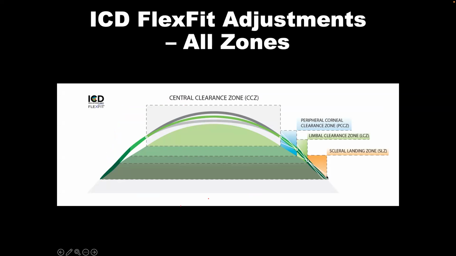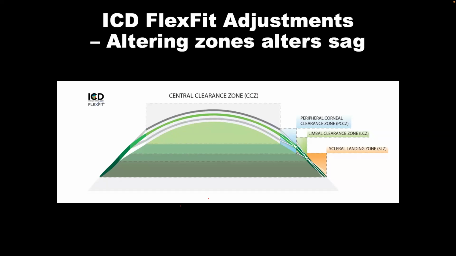We're going to talk a little bit about what changes can be done and what zones they affect if we change zones. Does it alter the sag? Yes, it will. The central sag will be affected if we change the mid periphery, limbal, or scleral landing zone.